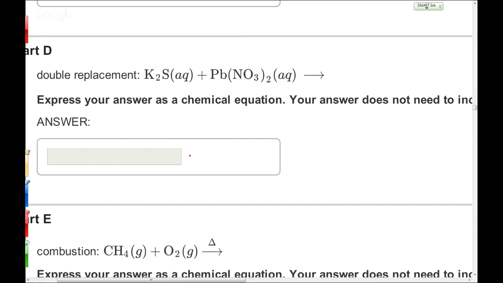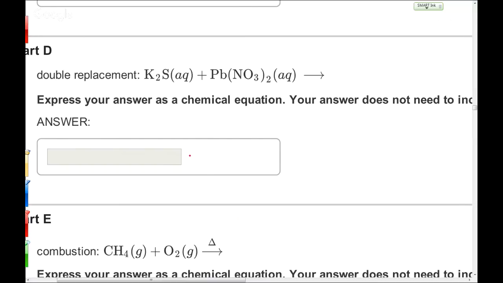What do you have to do here first as we go through it? How do you find those compounds on the other side? Yeah, you've got to switch the metals, and don't switch both of them because you'll end up with the same thing, but switch the partners so that the cations and anions end up with the opposite partners.